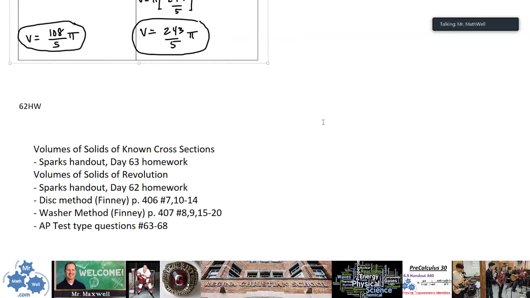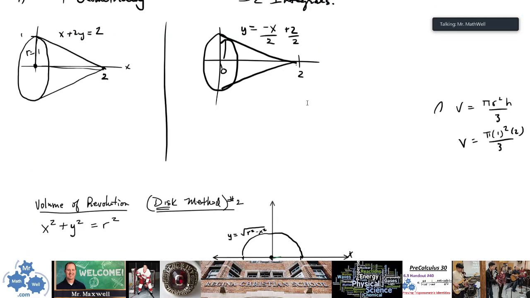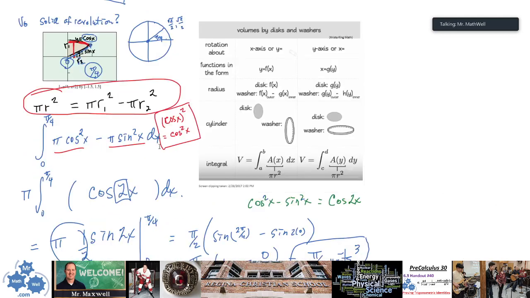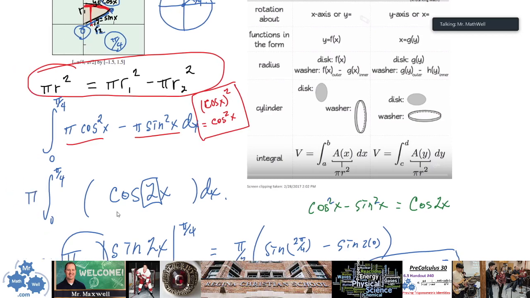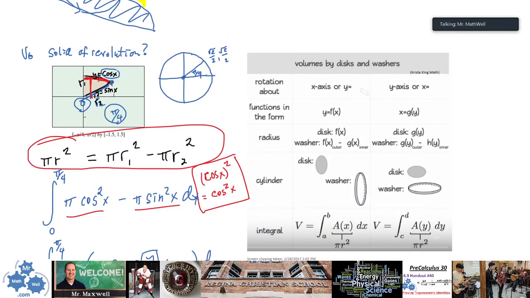So I will just zip down to some notes that I have given in the past. Okay, so here we go. So this is the washer method. There's a little graphic that you might find helpful, but I'll just walk through this sort of messy page here. When we're dealing with two functions, we want to rotate a region in between the two functions.